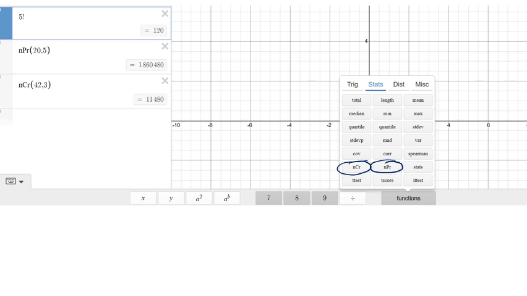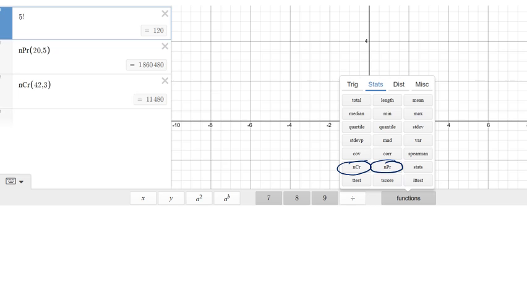For number 1, we did a permutation, 20 people taking 5 at a time. So I selected the permutation there, parentheses 20, comma 5, and then Desmos gave me the answer we had. And for combination, again, I select combination under functions and statistics, and then I just type in 42 and 3, and that gave me 11,480.